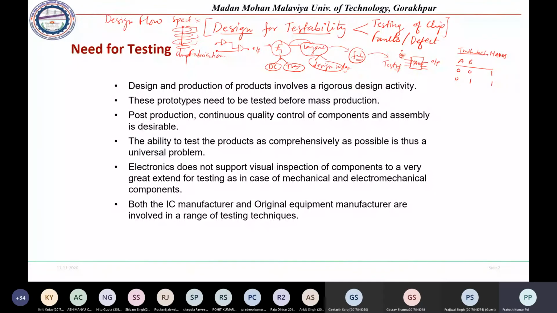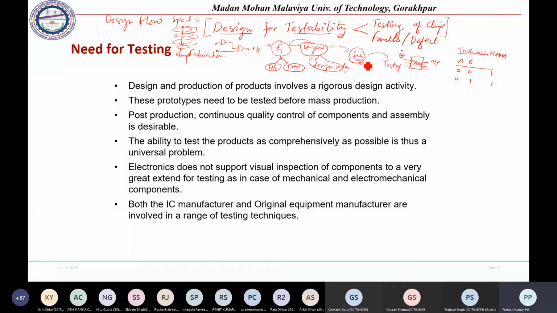Basically, in VLSI circuit design, we should be testing the chip at each stage, and if it is not meeting our specification, we should backtrace the steps that we have followed. These are the different steps we should be following, and in design for testability, we will basically focus on the testing after the chip has been fabricated.